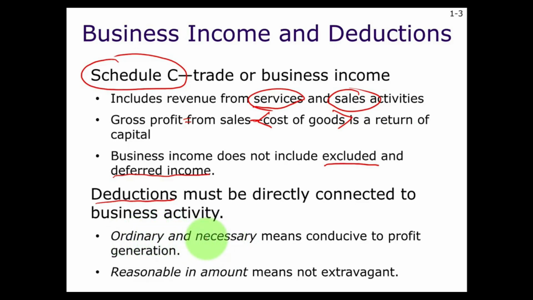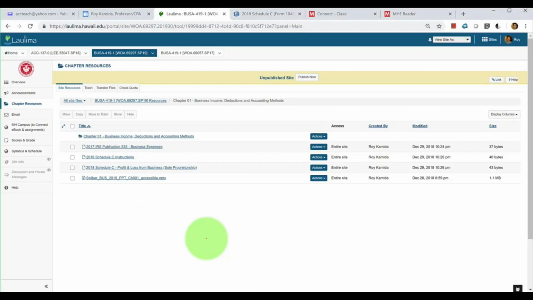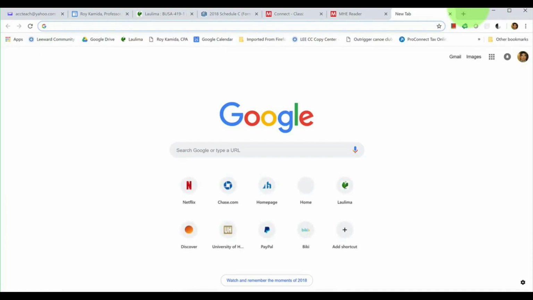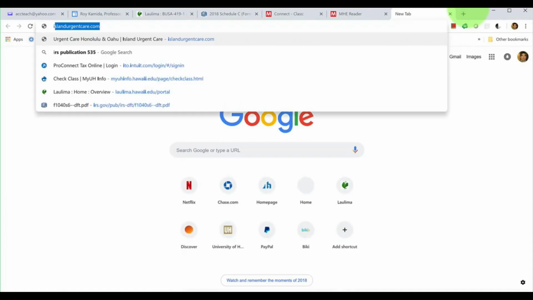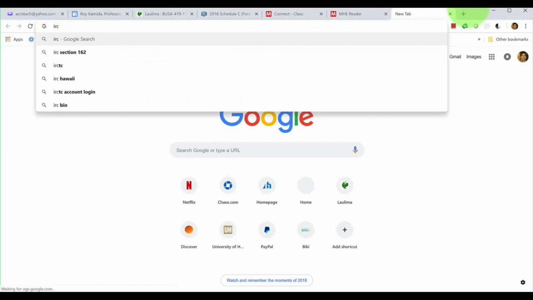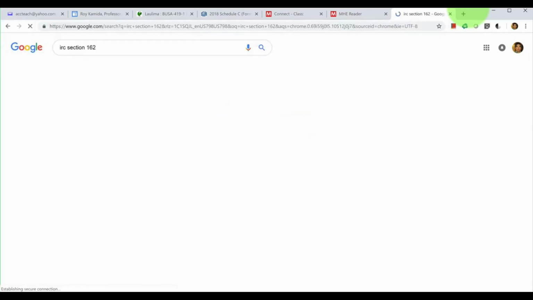So why don't we take a look at the actual law by going to a web page that has a listing of all the so-called Internal Revenue Code, IRC, and the specific section we're dealing with is section 162 for business expenses.